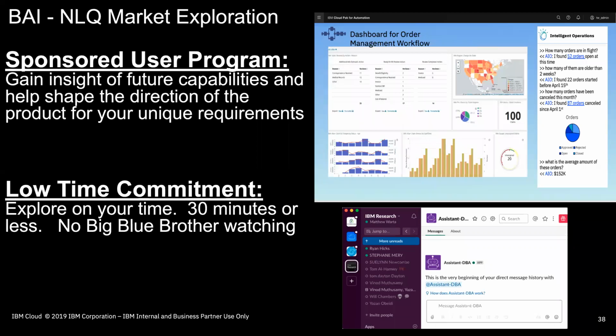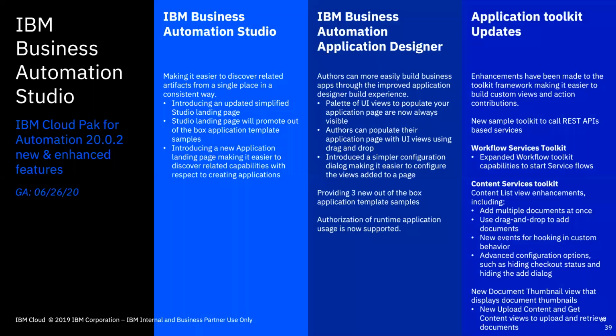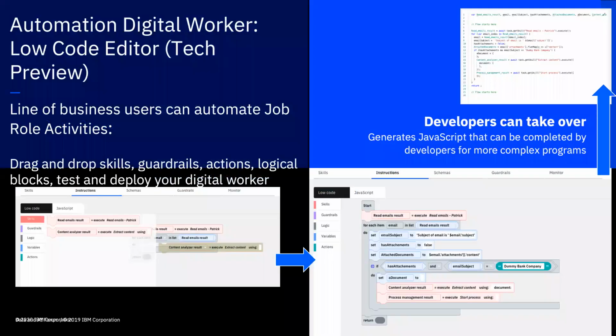I'm tempted to close here, honestly, because that would open another story about the automation studio. But just to close with one slide, the idea is that we are now delivering a low-code editor, and as you can see here, for whoever has kids who have been sent to a coder dojo or things like that, you recognize this kind of scripting manner.